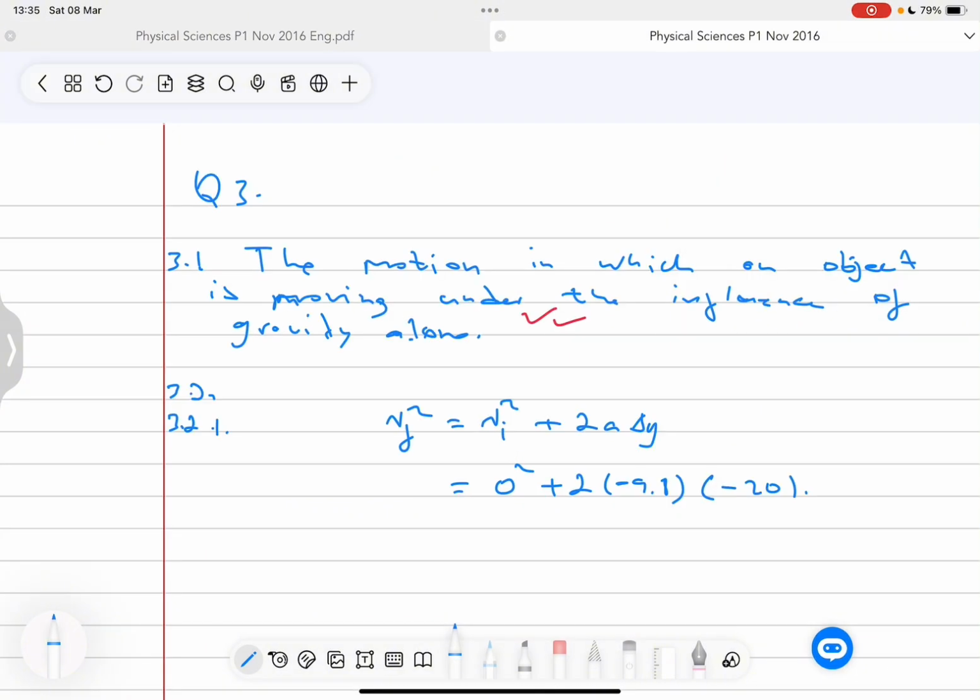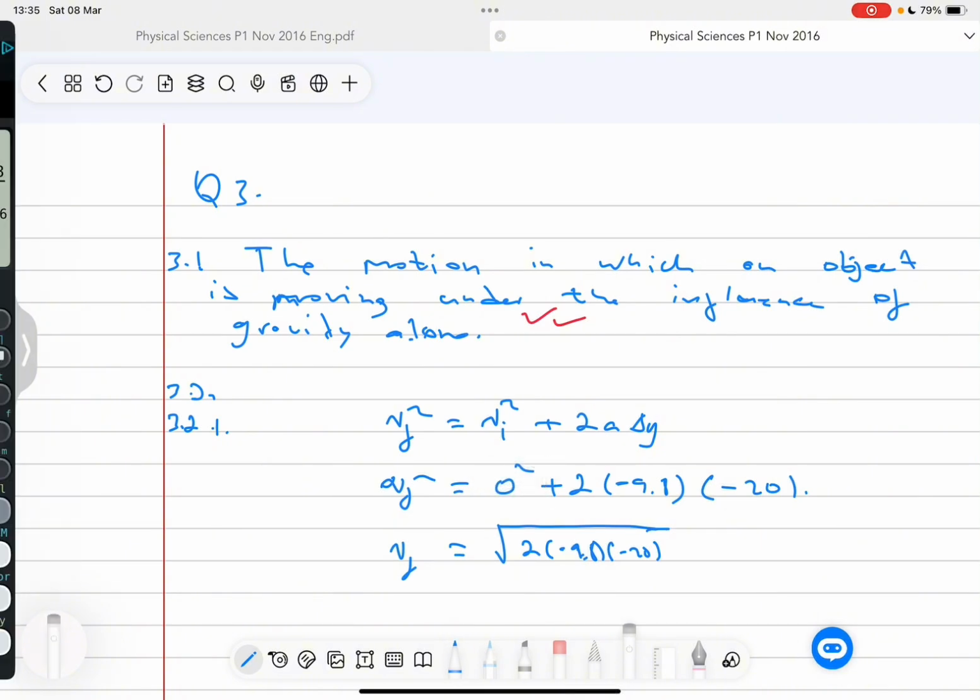It's a vector that goes in the negative direction. Now, the next step would be to remove this square by putting a square root on both sides, in which case I'll then have 2 times negative 9.8 times negative 20. Remember, this is just 0, it can be removed.